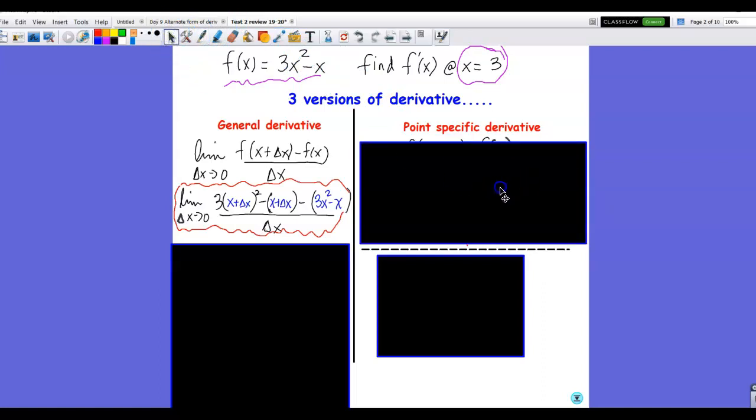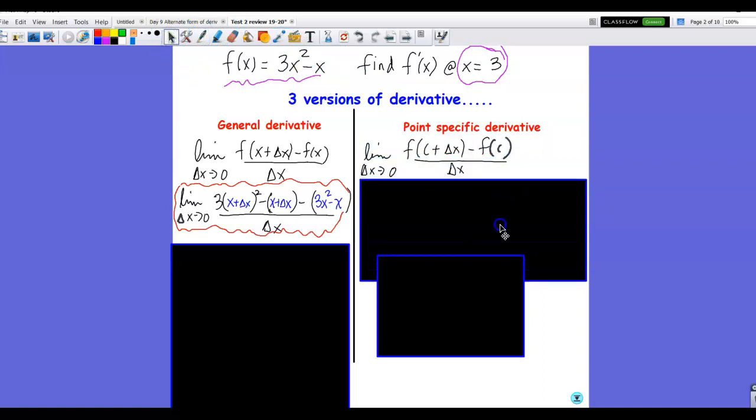Now, one form of the point-specific derivative, again, looks very much like the general derivative. The difference is that instead of having the x value, I have a specific number. In this format, this would be the number, and for our problem, this is our c value. So that's y number 2.